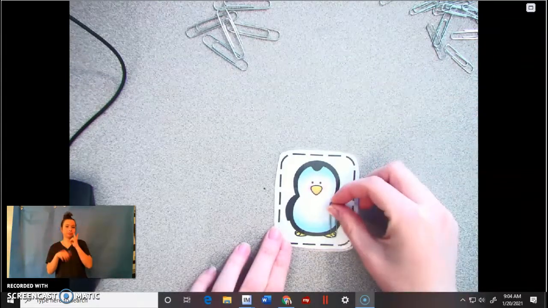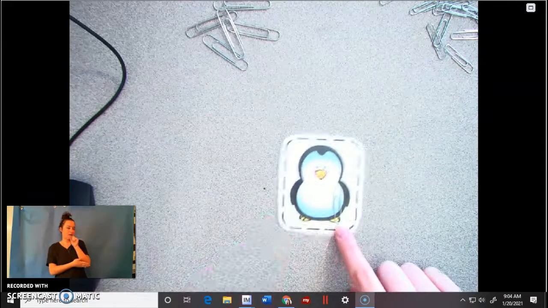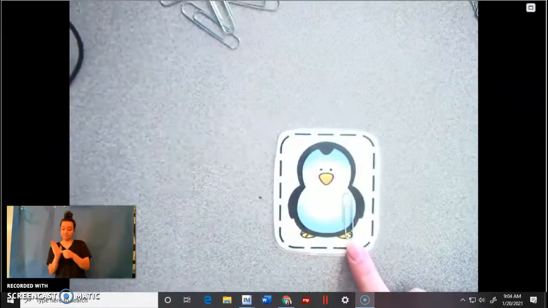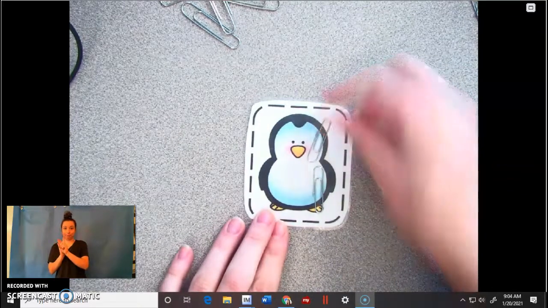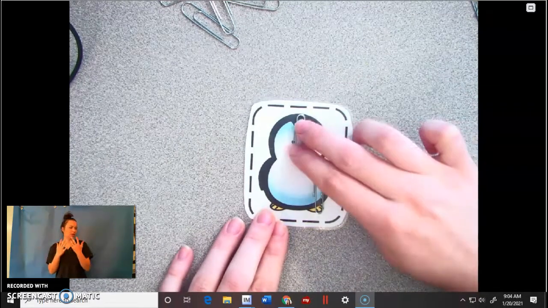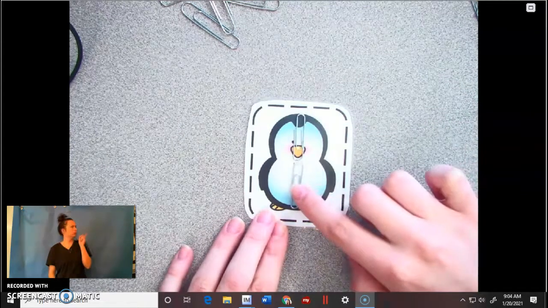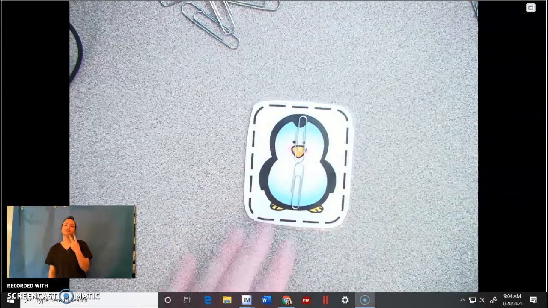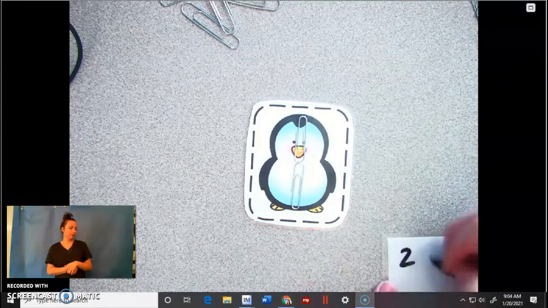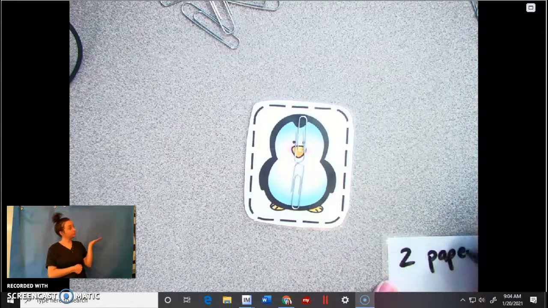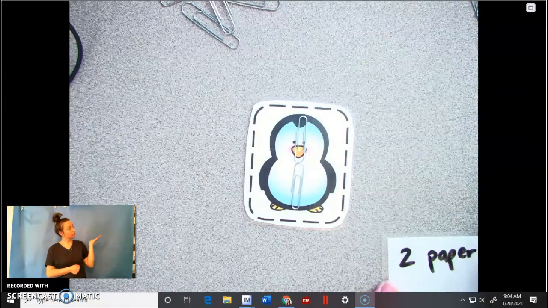I'm going to start at the bottom so that we can see that it's on his little foot, and I'm going to get up. So how many small paper clips? Let's go to the tallest part of our penguin. He's about 2 small paper clips tall. So I'm going to write that on my little chart, so 2 paper clips.